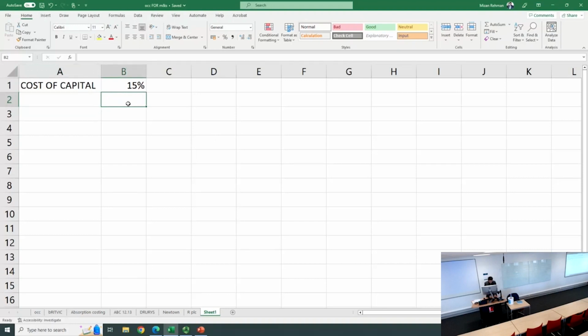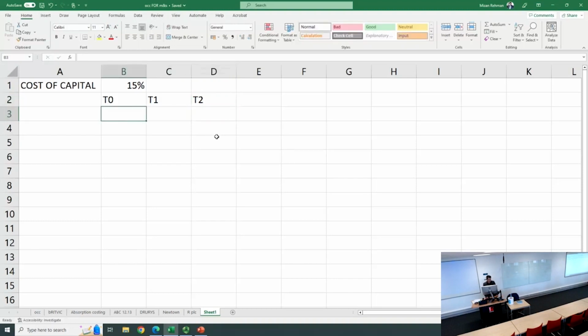Then I will have my timeline, time 0, which is now, today, T1 after 12 months, and T2 after 24 months. You can write down year 0, year 1, and year 2 as well. That's another way of doing it.